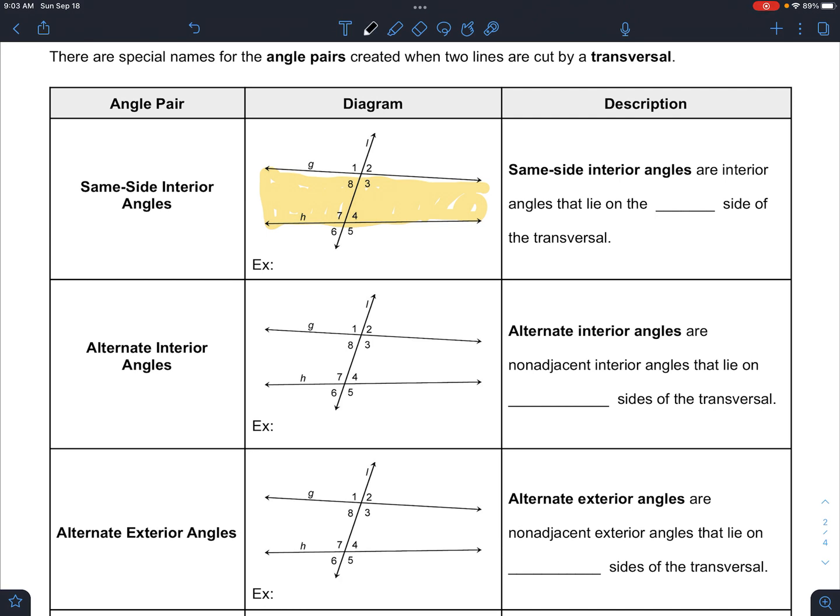And there's only 4 angles in there, and they lie on the same side of the transversal. So we're talking about angles 7 and 8, and angles 3 and 4. So I'll just circle one of them. Okay? So when we have lines and they cut here, we're talking about those 2 angles.